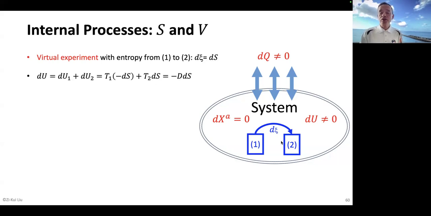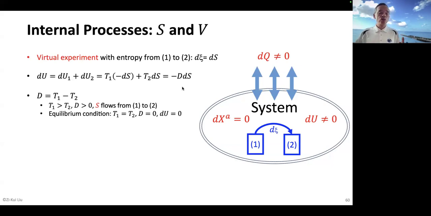And then in region 2, we add entropy into it, so it's T2 dS. So this should be minus D d psi, that's the internal process, d psi equal to dS here. So we get driving force equal to T1 minus T2, the temperature at region 1 minus the temperature at region 2.